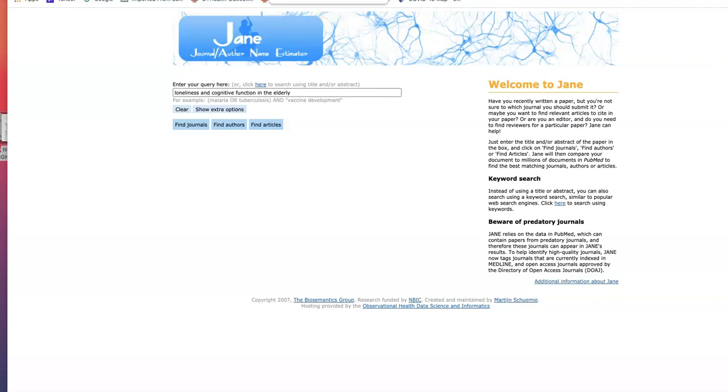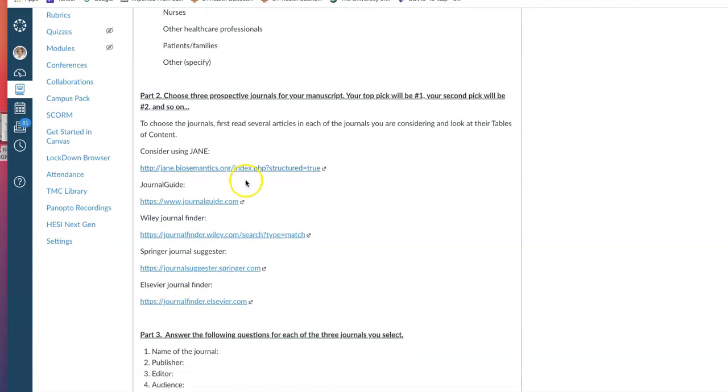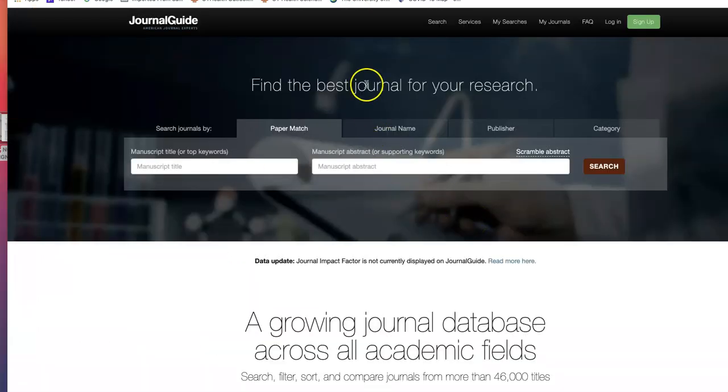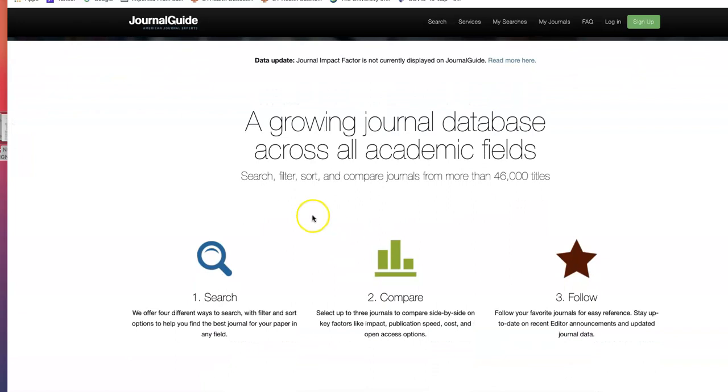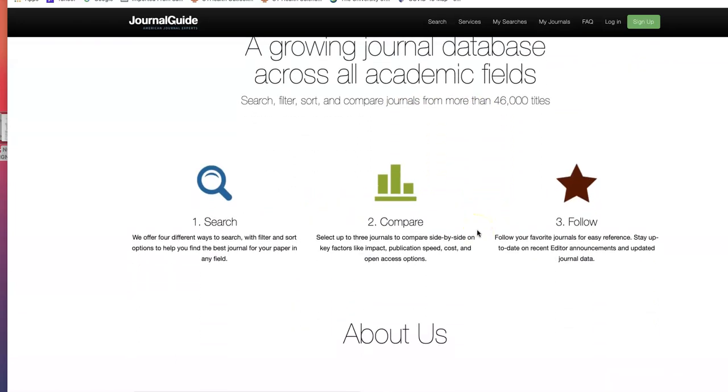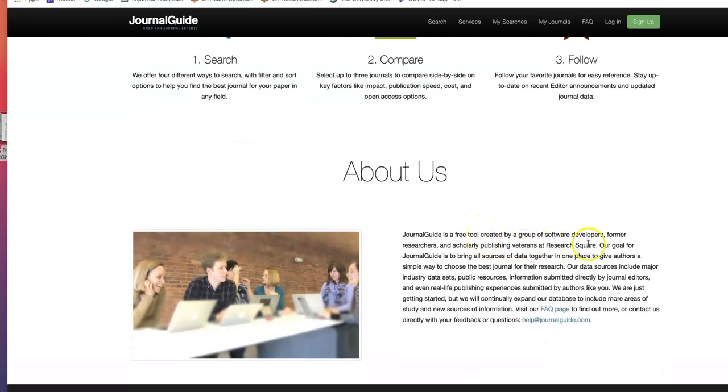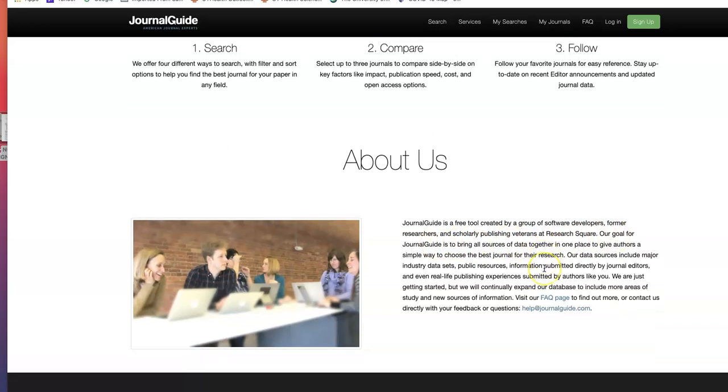So let me go back. Journal Guide, let's look at this one. It's searching and filtering, comparing journals from 46,000 titles, created by a group of software developers, former researchers.